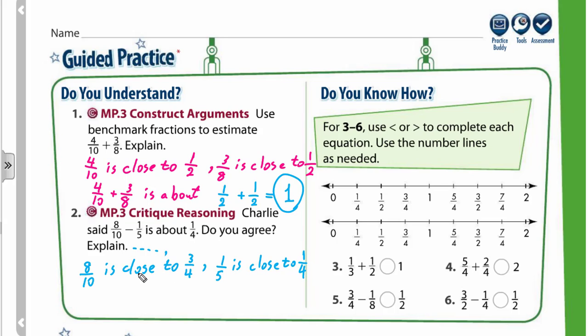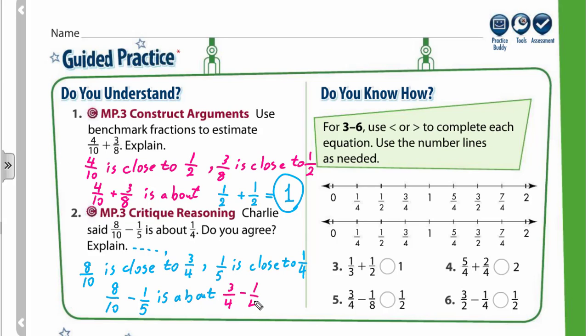So I will replace the question. The question is 8/10 minus 1/5. I will replace it by the new fractions. The new fractions are 3/4 minus 1/4.